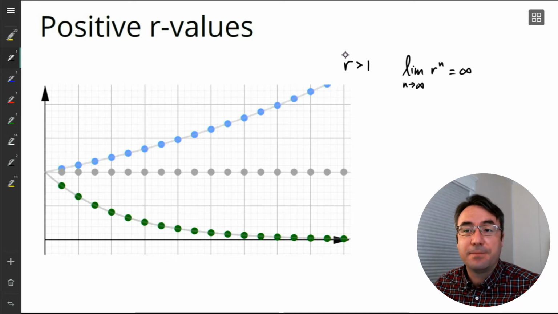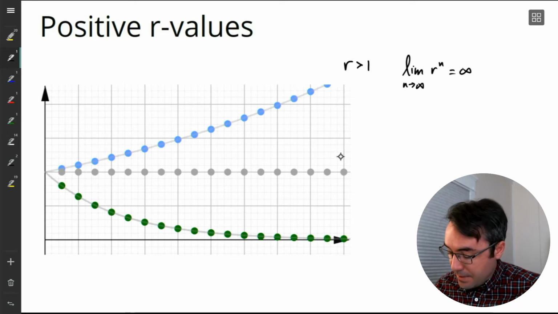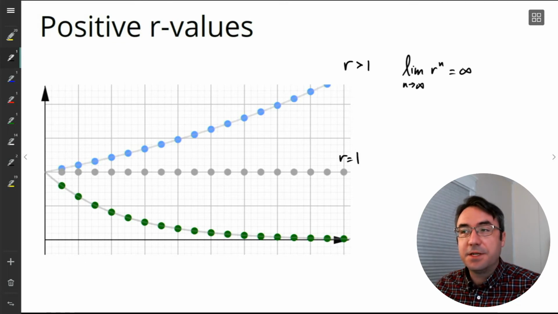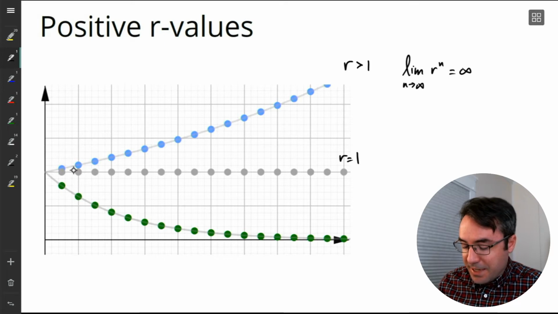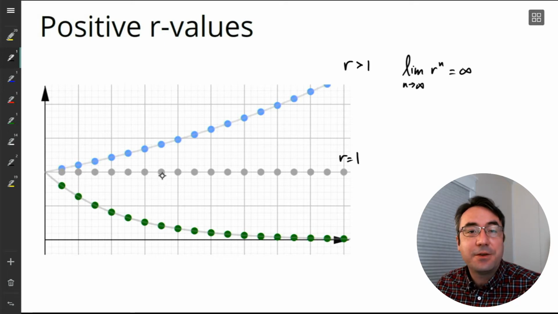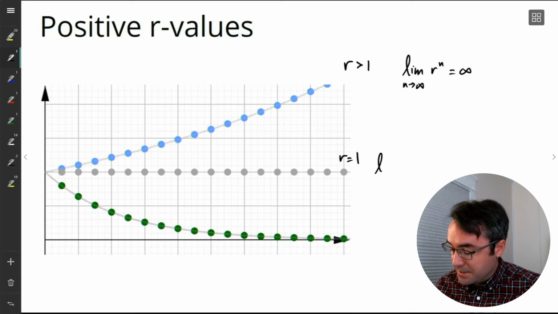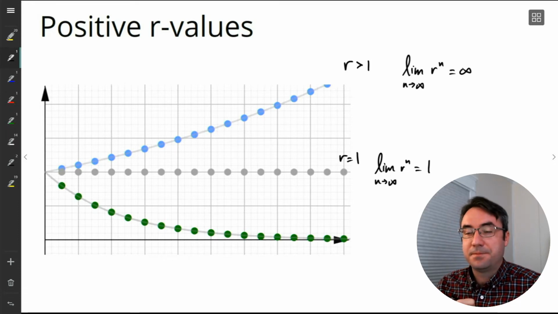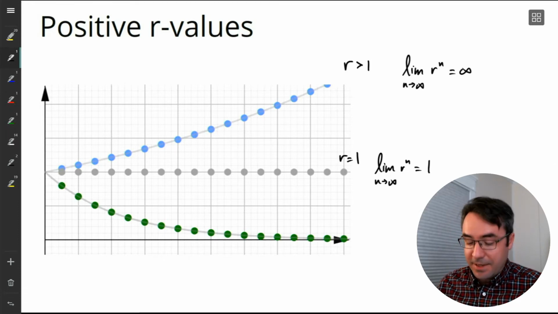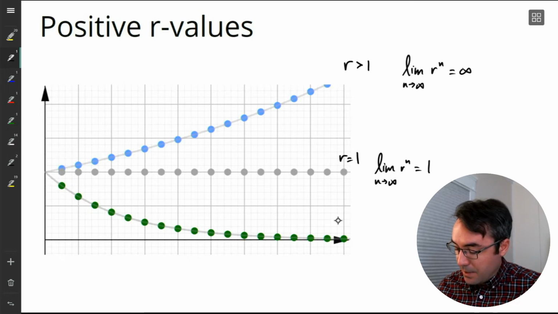They go to infinity. In the case right here, this is where r is equal to 1, and when r is equal to 1, we just get this constant sequence where all the values are just constantly 1. So here the limit actually does exist as n goes to infinity, and we just get 1. And then finally, we see this other case, where r is between 0 and 1.